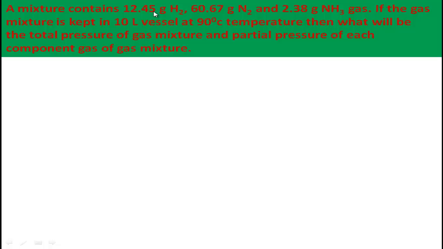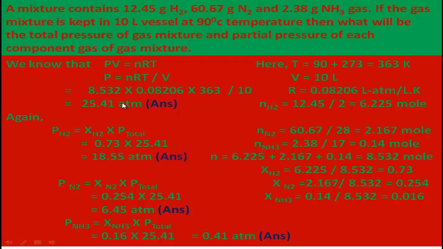At first you have to determine the amount of different gases in mole, then calculate the total mole. So using the PV equal to nRT formula, you will easily determine the total pressure. Then by using the mole fraction, here I have shown how you can calculate the mole fraction, you know that. Using the mole fraction you will determine the partial pressure of each component gas: hydrogen, nitrogen and ammonia.